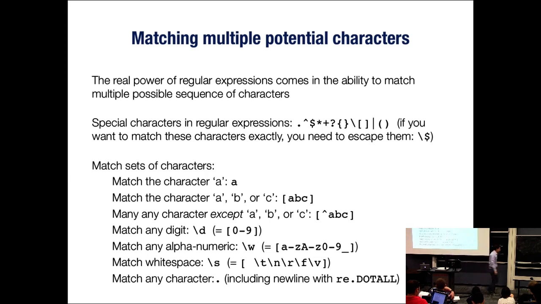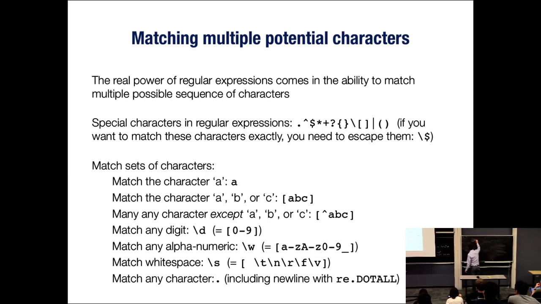So if I wanted to match data science, where data and science could be capitalized or not, I could do something like this. I could do capital D and a lowercase d, data, and then capital S, lowercase s, science. And that would match data science with any capitalization on either letter, but no caps after the first one.